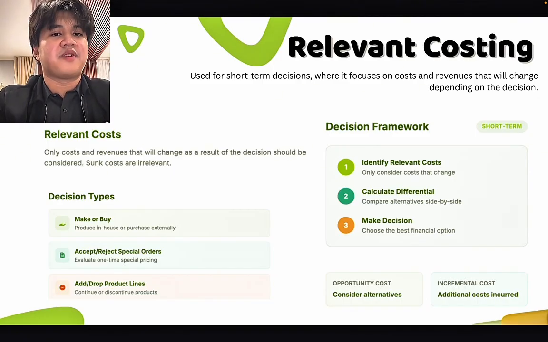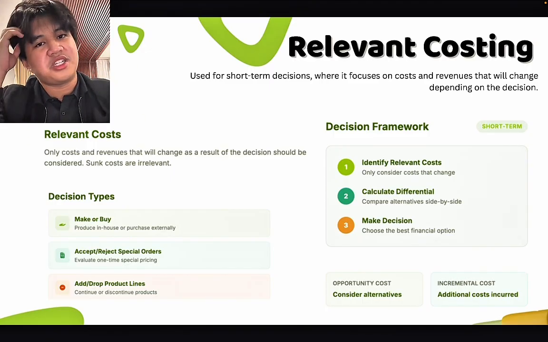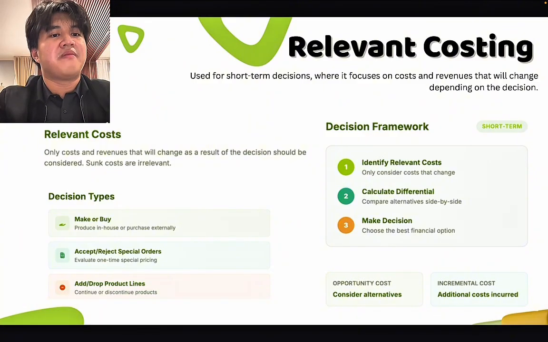So that's an example. Internal cost makes 80 pesos per unit, while the supplier price costs 70 pesos per unit. Since buying is cheaper by 10 pesos per unit, management may choose to buy instead.